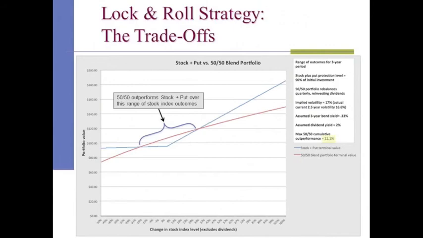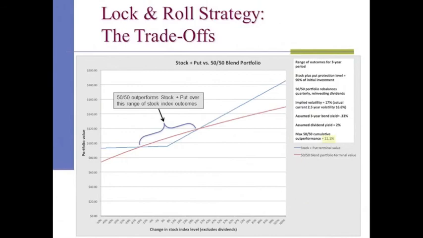The blue line shows the sub-period characteristic of the lock and roll strategy. So it has a floor until the market gets to a certain level, and then it begins to capture, and it captures, as you see there in this blue line.